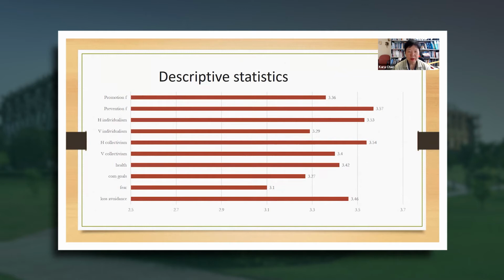Vertical individualism, which means how much they want to compete and win over others, is not that high. Collectivism: horizontal is high, vertical yielding is not that high. Among the 4 appeals, they found the fear appeal least effective. The health and loss avoidance appeals they found more effective.